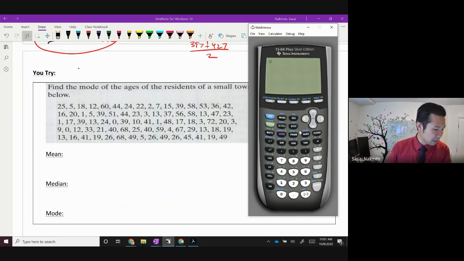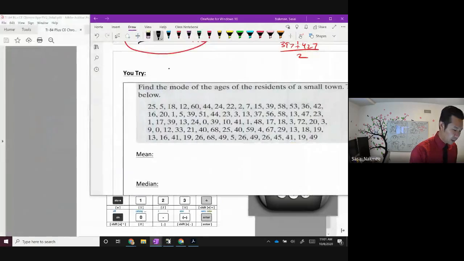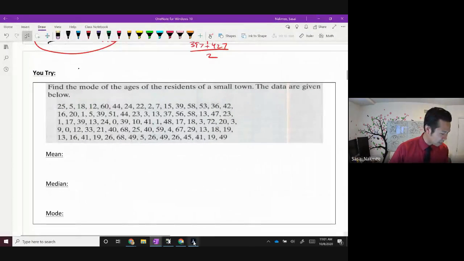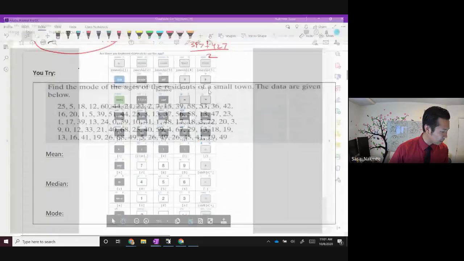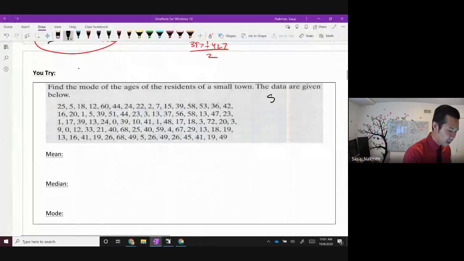So check this out here. What I'm going to do is press on stat. On my TI calculator, the first button I'm going to be pressing is the stat button.